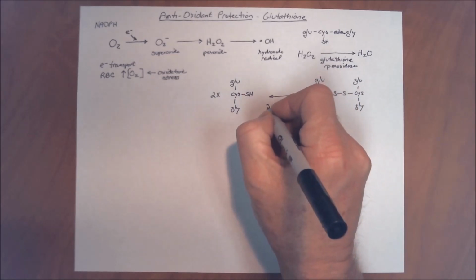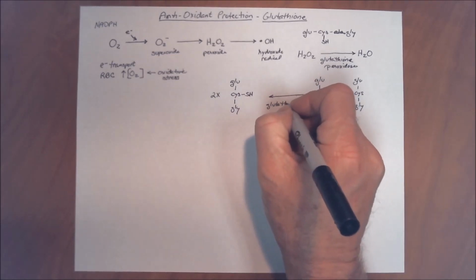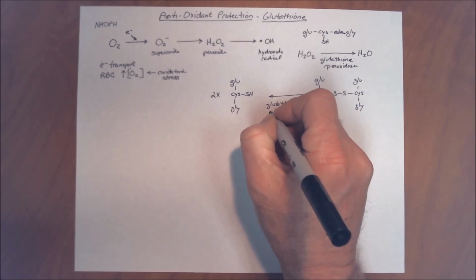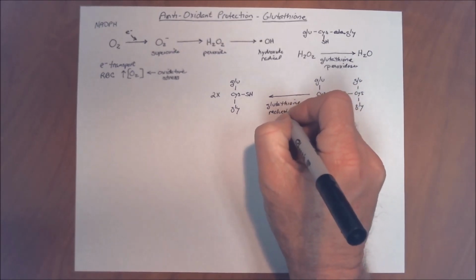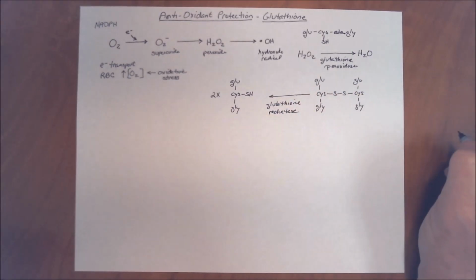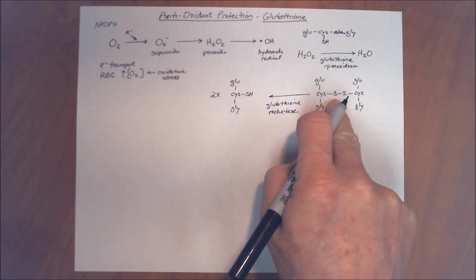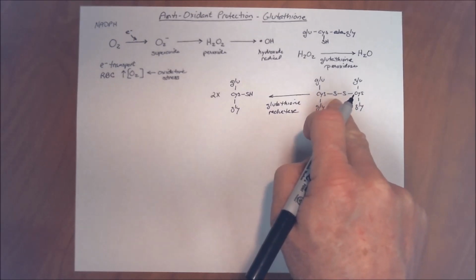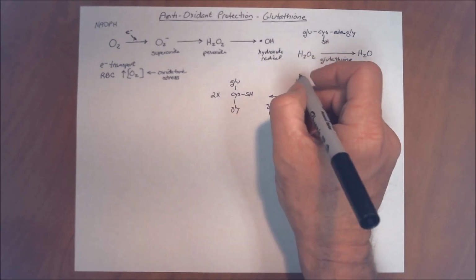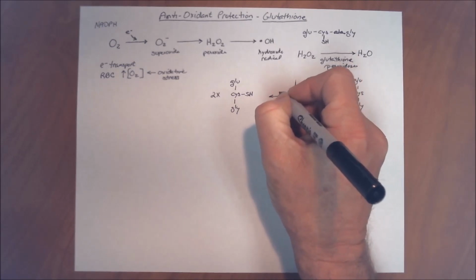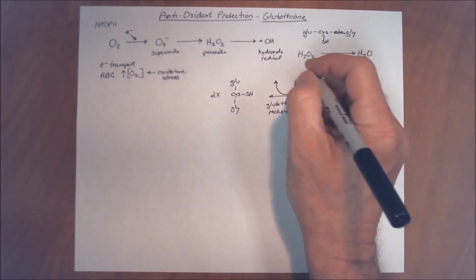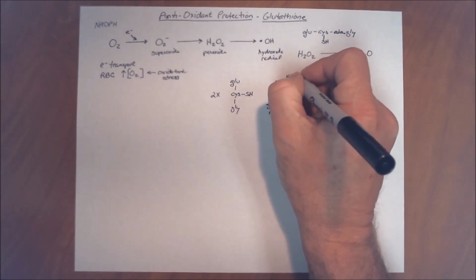This is done by glutathione reductase. So again, this is another redox reaction. And in this case, we need to reduce the oxidized pair of glutathione into its reduced form. So that means we need to oxidize something else to provide the electron, and this is where NADPH comes in.